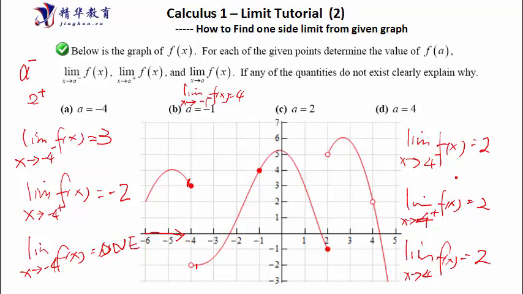Because both of them equal the same number, we have a limit. If the left hand side and right hand side do not have the same numbers, we don't have a limit. Make sense? I hope you understand this.